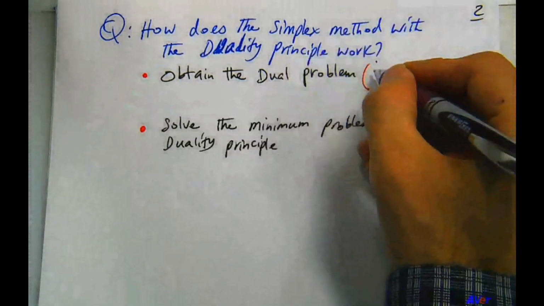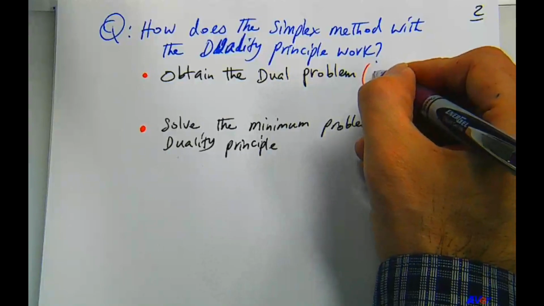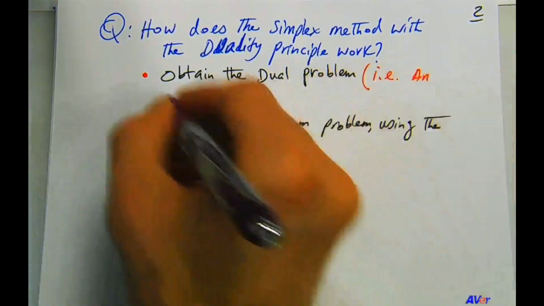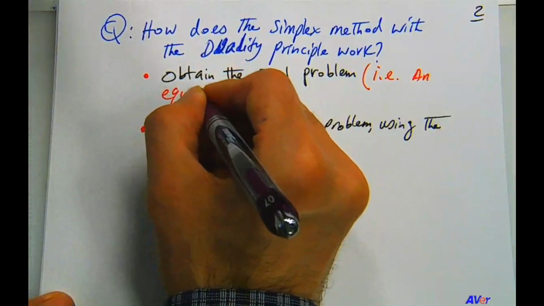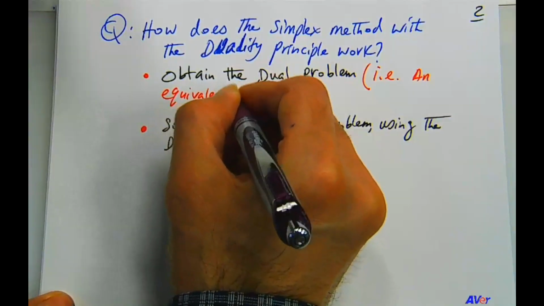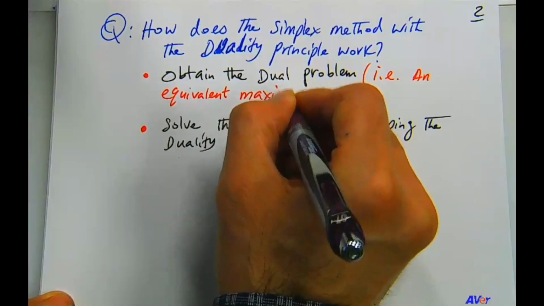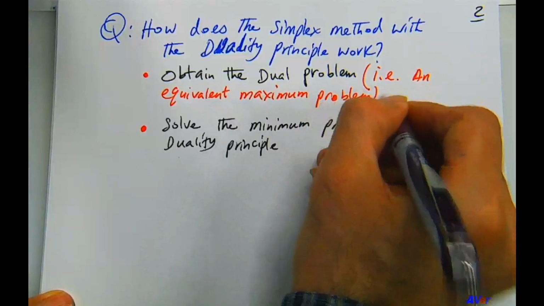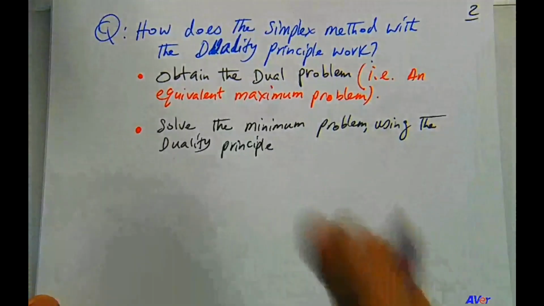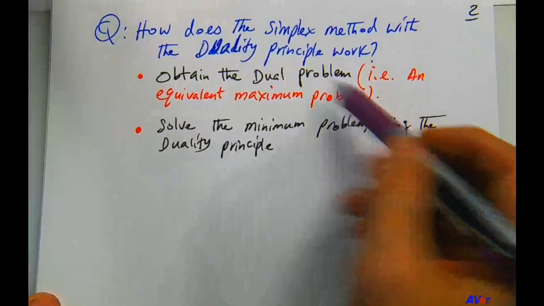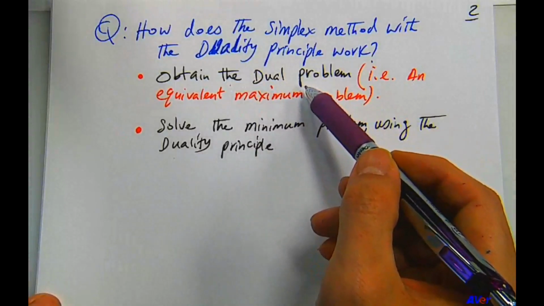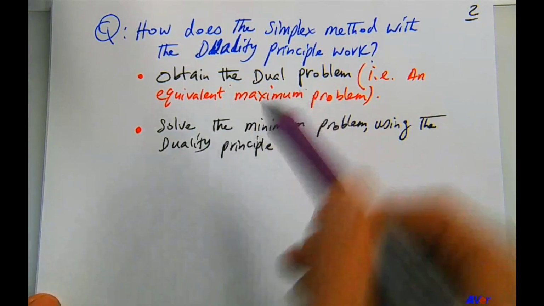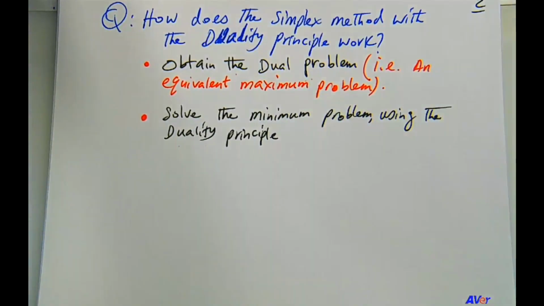So this dual problem is the equivalent maximum problem. Okay, all right. So it is in this step, in obtaining the dual problem, when we need to use the transpose of a matrix. Okay, let's see how that works.